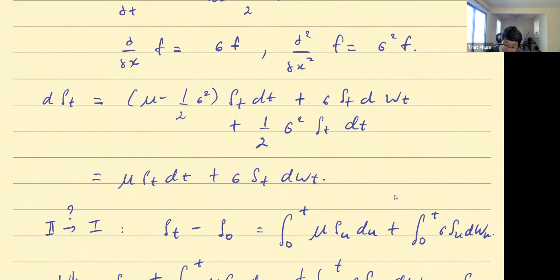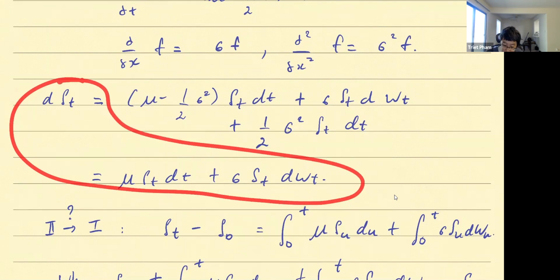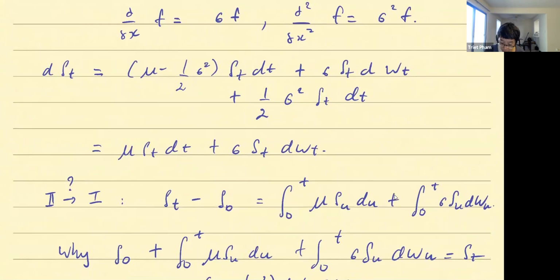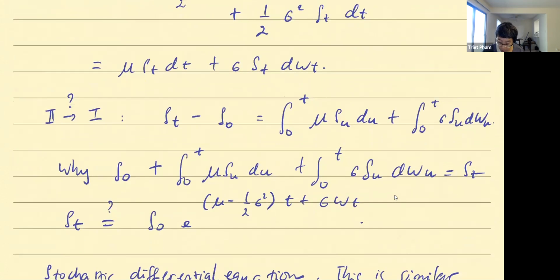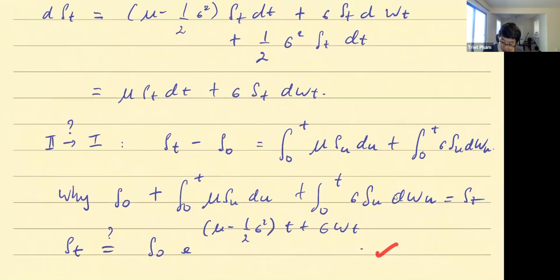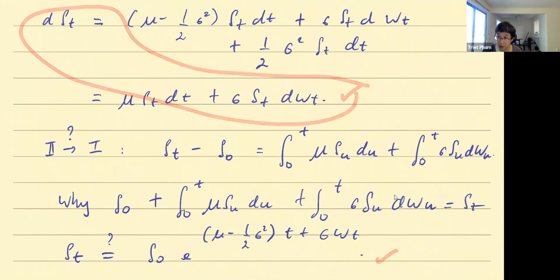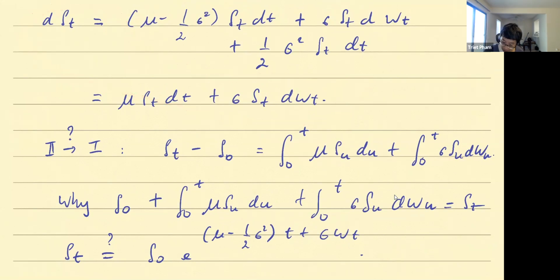But conversely, going from here back to step 1 is not a direct integration step, but that's okay, because by differentiating and verifying that the formula holds, we verify that the derivative of ST is indeed this. Any question?